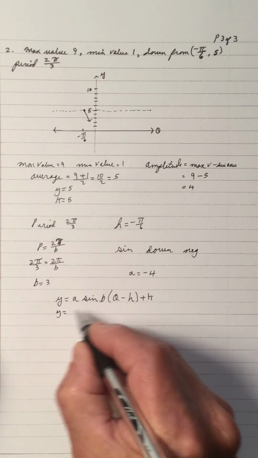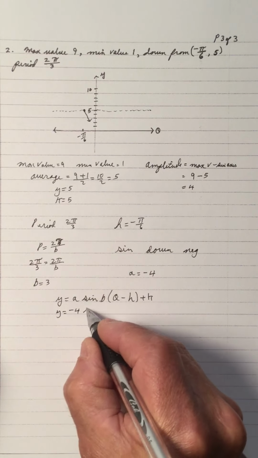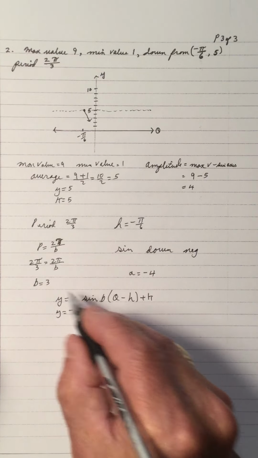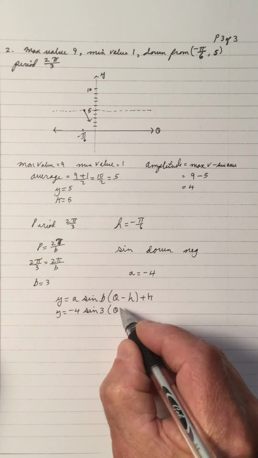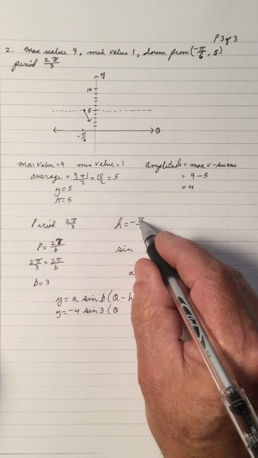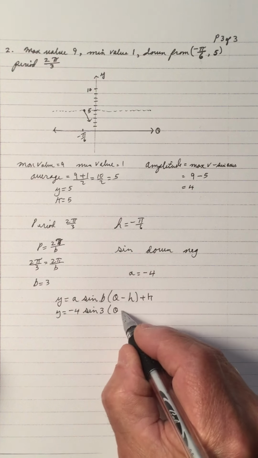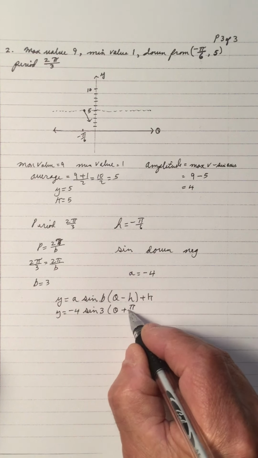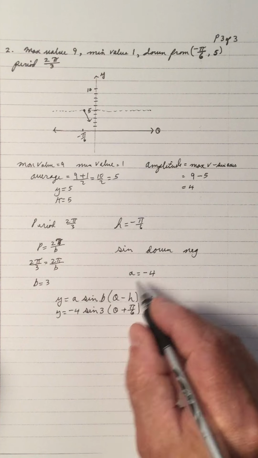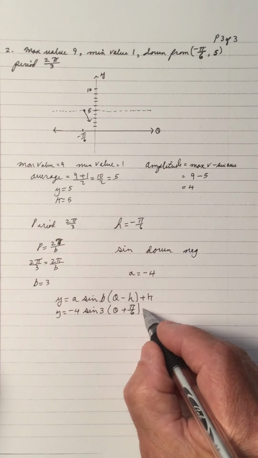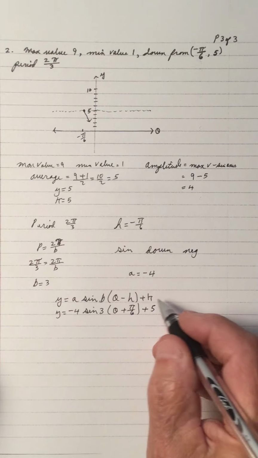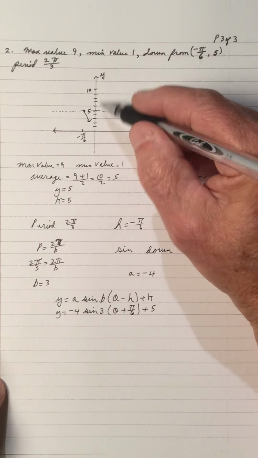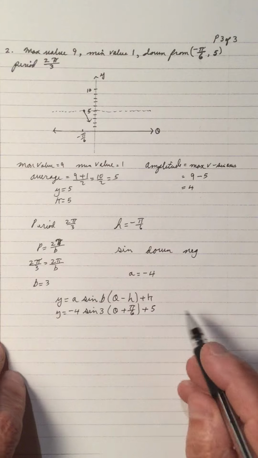So A is negative 4, sine, B is 3, and theta, and h is negative pi over 6, so negative over negative is a positive because we do the opposite in the brackets, and k is 5. So that gives me the equation that represents this info.